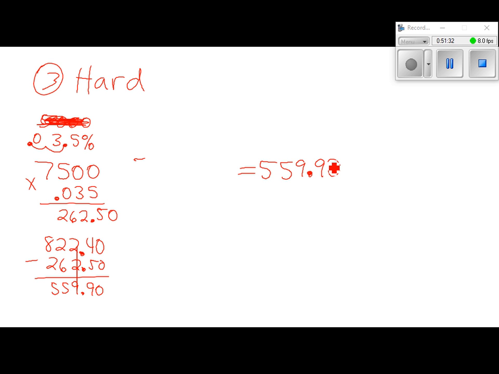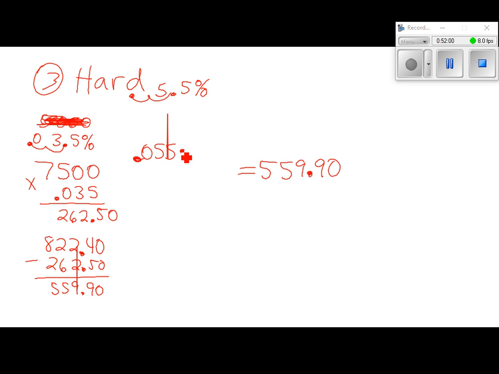What is it? 5.5? What's that as a decimal? 0.055. Please make sure that you're bumping it over 2 places every time and not messing up.